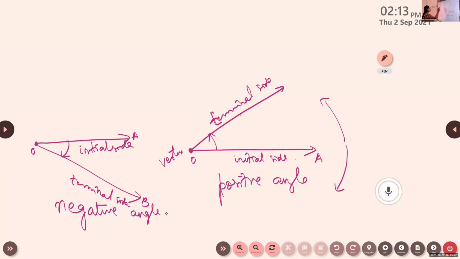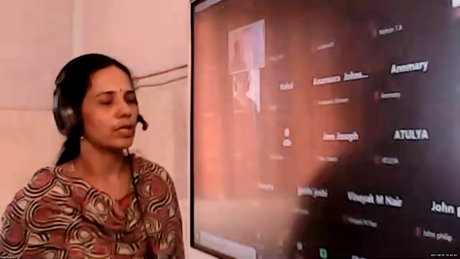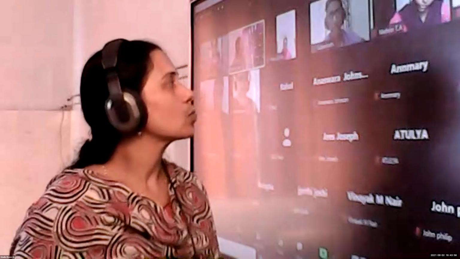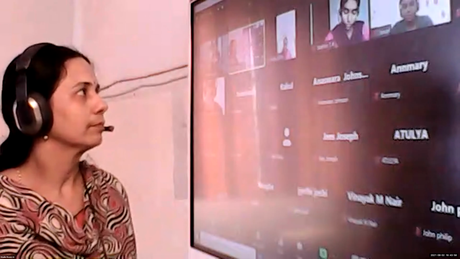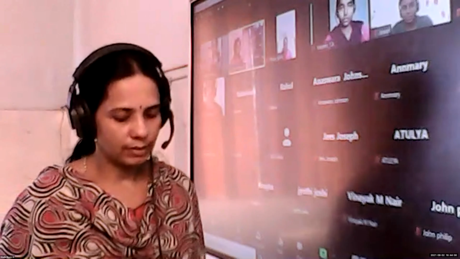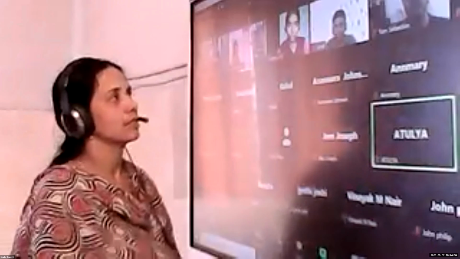Now imagine this ray. It moves like this and again comes back to its original position, so it takes one full complete rotation. In that case, what is the angle covered? In one full rotation, what is the angle made here? 360.